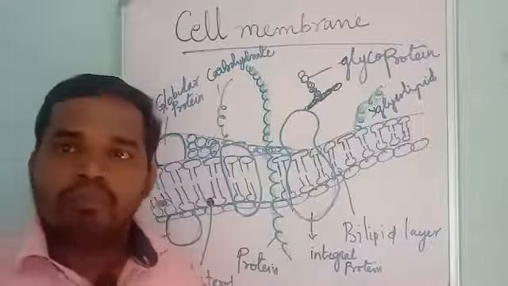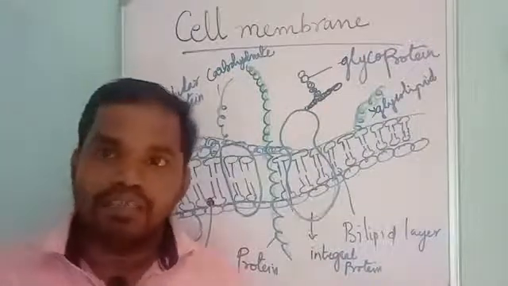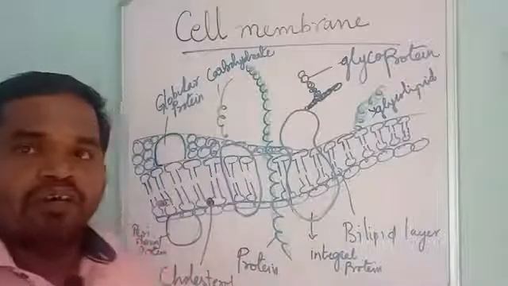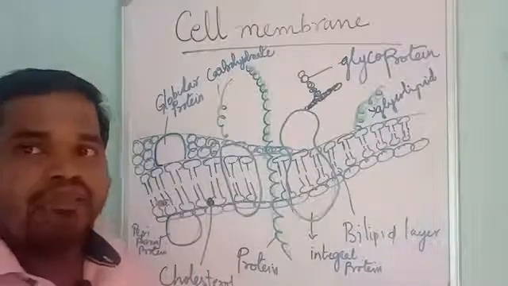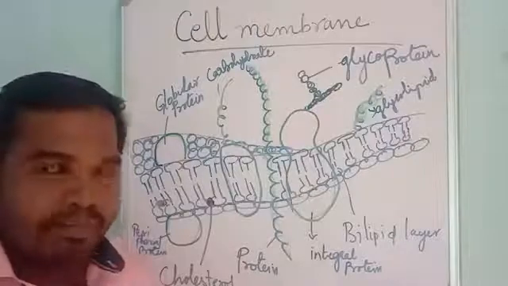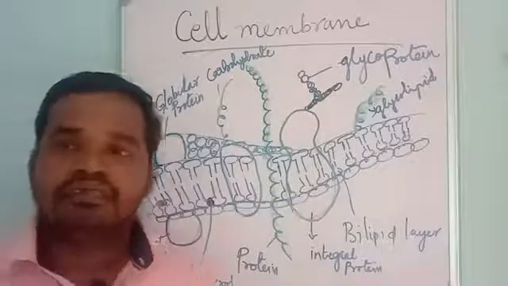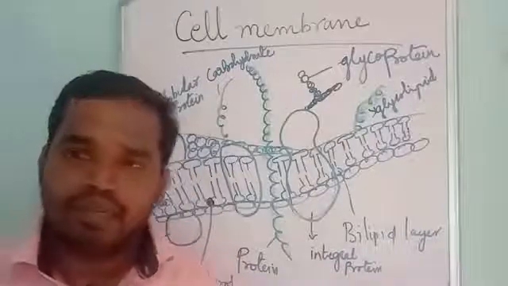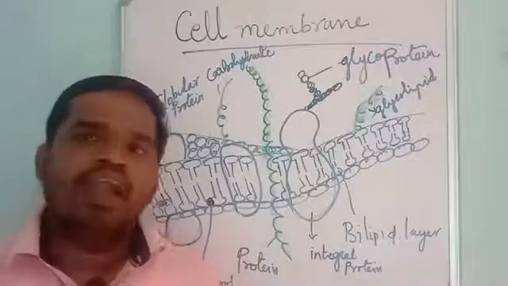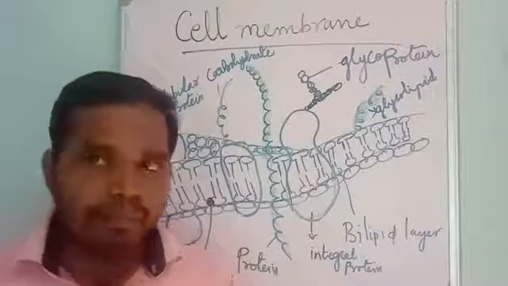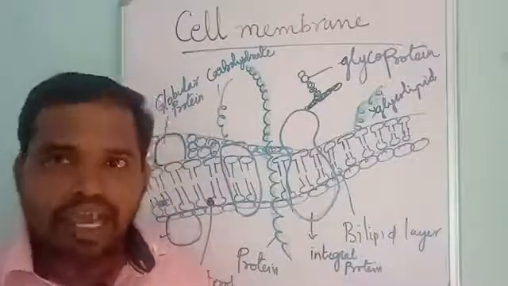So the plasma membrane is made up of a bi-lipid layer with a polar region and a non-polar region. The polar region of the bi-lipid layer faces outside of the cell membrane, and the non-polar tail regions face inside of the cell membrane. Why do the non-polar tail regions face inside the cell membrane? There is a reason behind it.